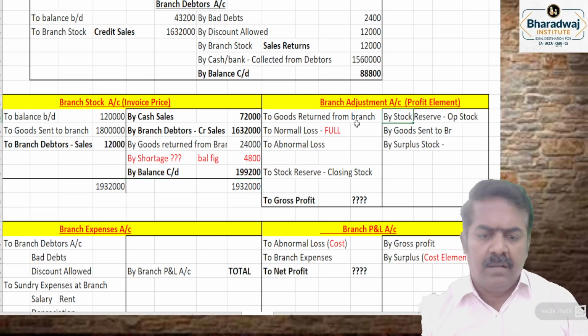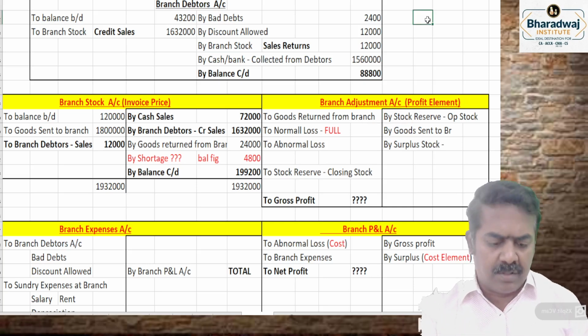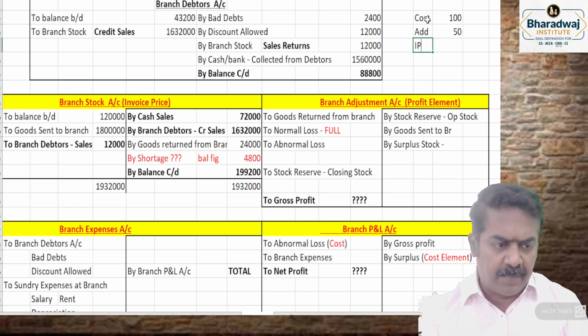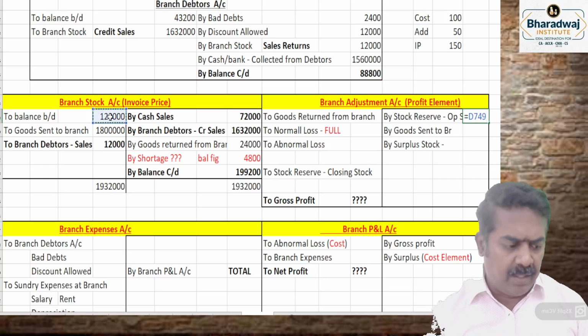Then we have to remove the loading. We have to remove the loading in where? Branch adjustment account. What is the cost of the goods? 100. What is the profit margin? 50. So invoice price will be 150. So while removing the loading on the opening stock, 1,20,000 into 50 by 150.